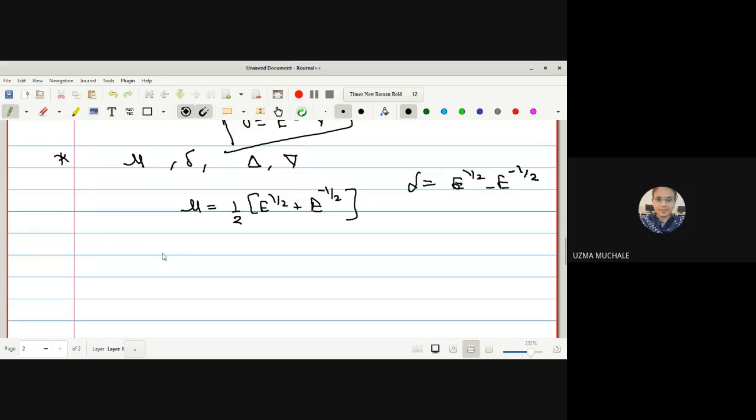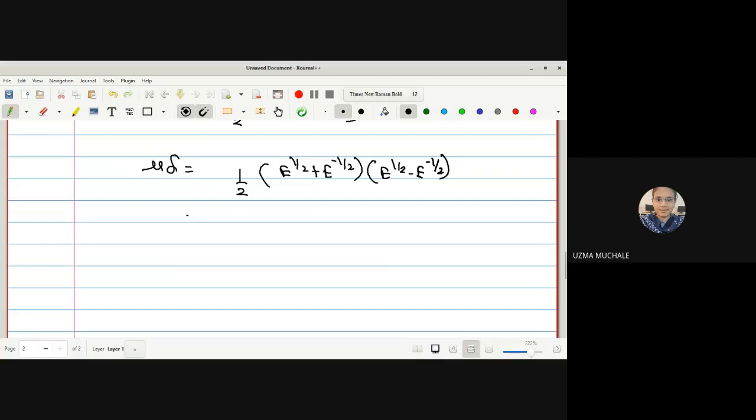Let us multiply these two. It will be mu into delta is equal to 1 by 2 times the product of these two, E raised to half plus E raised to minus half into E raised to half minus E raised to minus half. Can you tell me the product of these two? E minus E raised to minus 1.